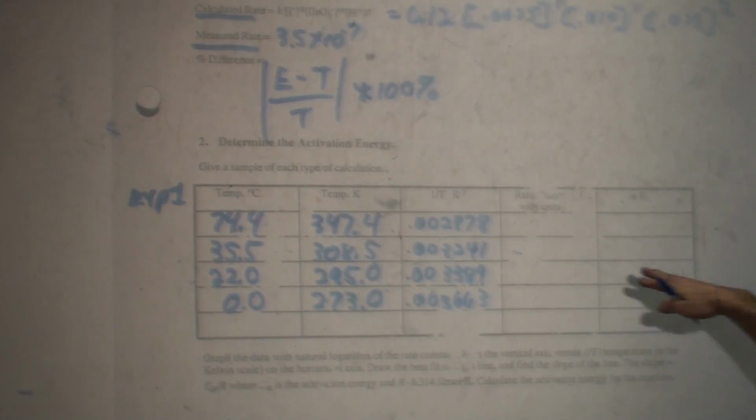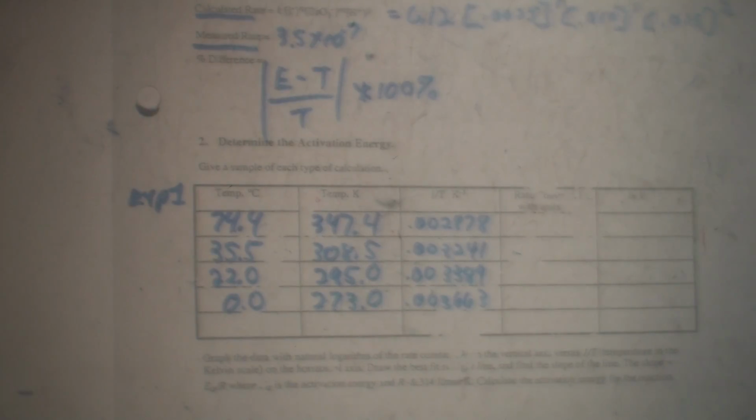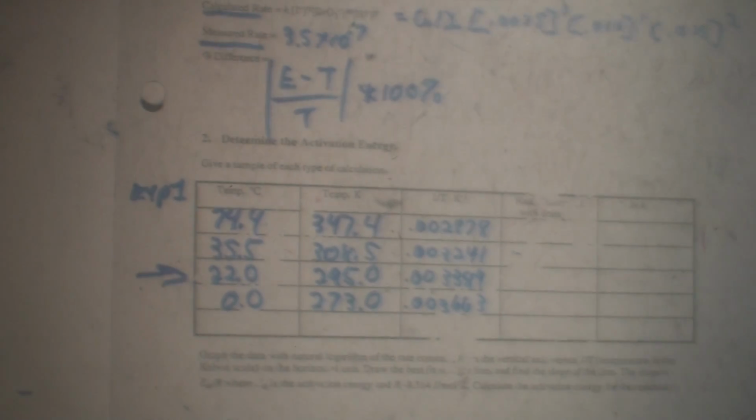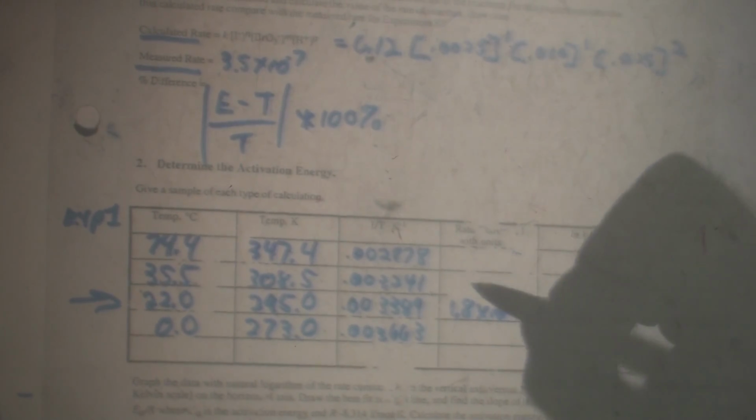Then I'm gonna write down the rate. Now, we know the rate for this one already because that was the room temperature run from experiment number 1. So I know that rate right off the bat because it's right here on data table 1. Okay, you will have to go back and recalculate the rate.